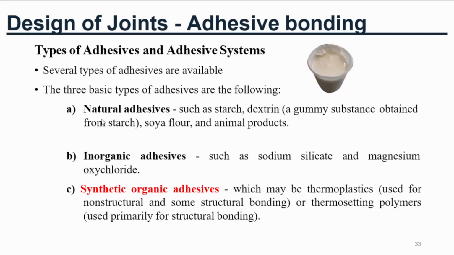Natural adhesives we can get from plants and animals, some animal sources. Here you can see some examples of natural adhesives: flour, dextrine, some animal glues, animal products.